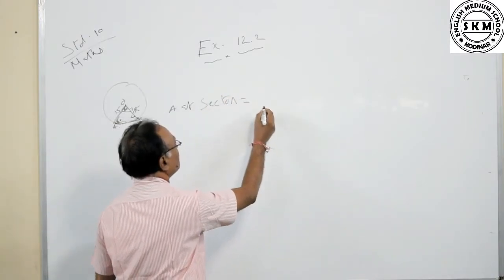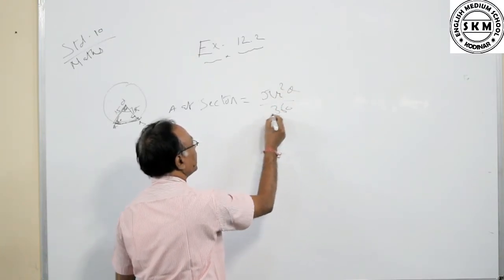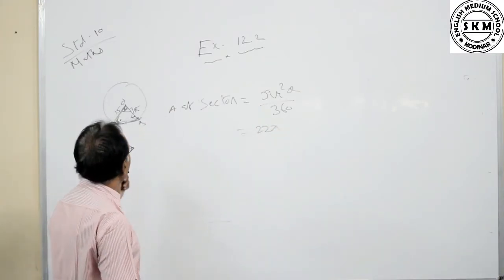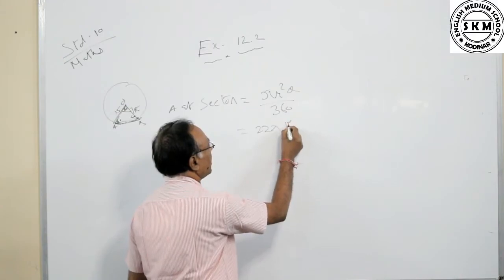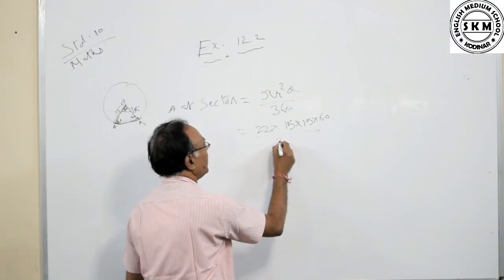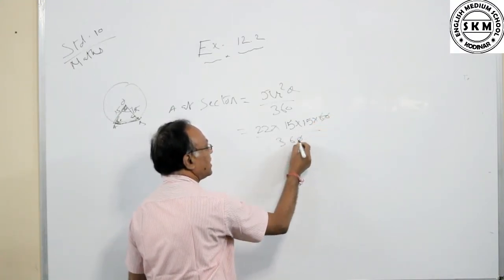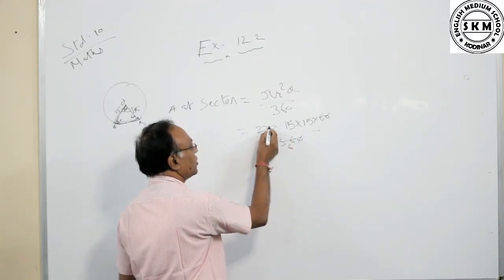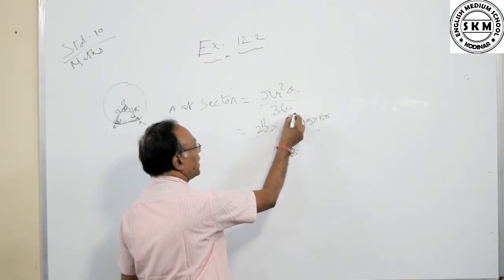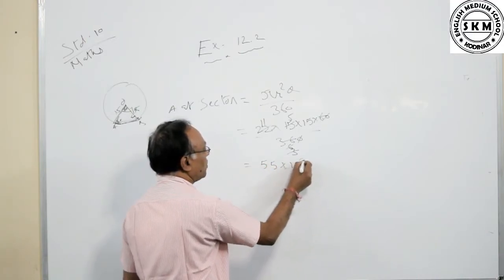Area of sector is equal to pi r square theta upon 360. Pi value is 22 upon 7. R is given as 15, so 15 into 15. Angle is given, 60 upon 360. Zeros cancel, 6 6s are 36. 2 11s are 22, so 11 into 5 is 55 into 15.